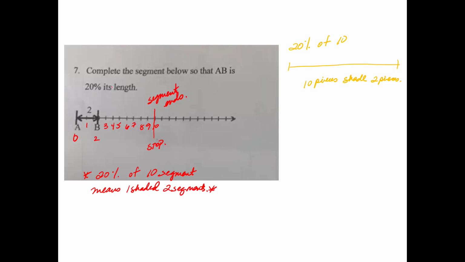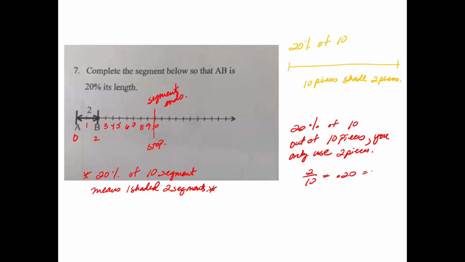20% of its length, right? 20% of 10 means that out of 10 pieces, you only use how many pieces out of 10? 2 pieces, right? 2 out of 10 is 0.20, which is 20%.